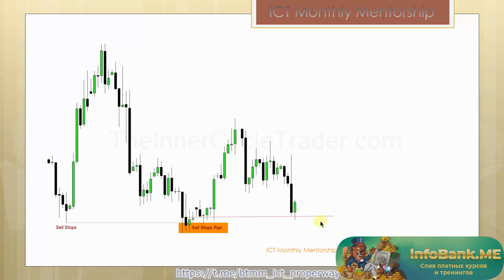If it's lethargic, if it's not willing to move right away, that means there are no institutional orders in that area. So therefore, if you're in a trade and you see that lackluster activity, the first thing you should be thinking is either reduce risk, cut the position in half, or just completely bail on the trade.